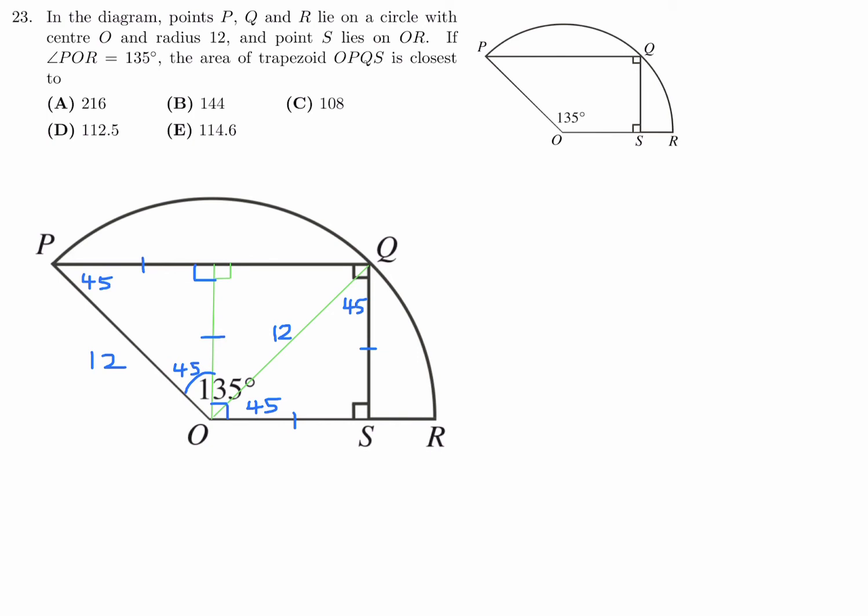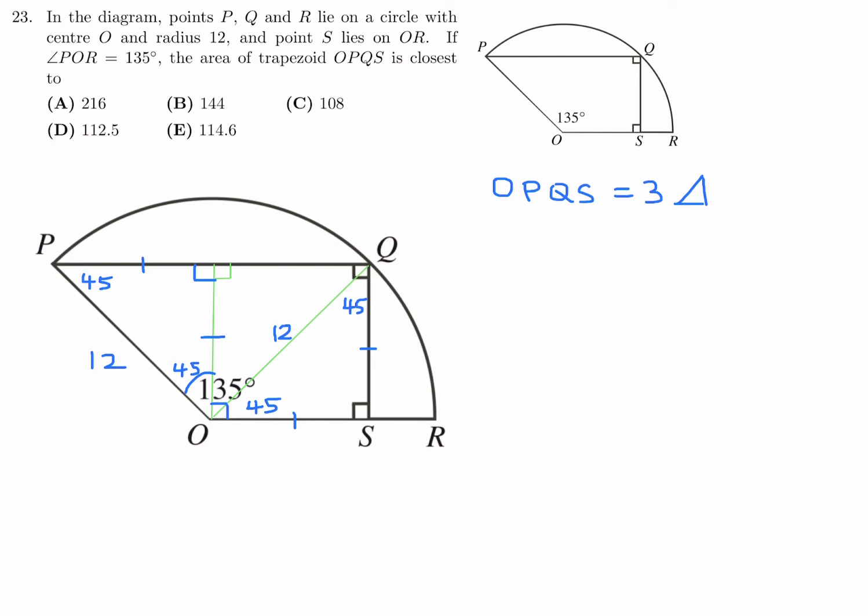And we also know that this side is parallel to that since we have right angles here. So all we really have to do is find the area of one of these triangles and then multiply it by 3, and we've got the area of OPQS. So OPQS will basically just be 3 times the area of one of those triangles. So I'll just write a triangle right there.